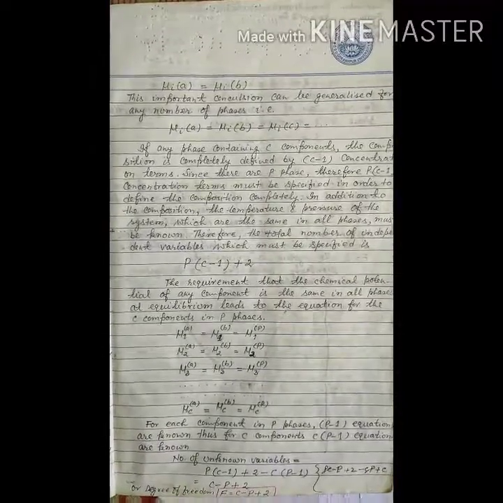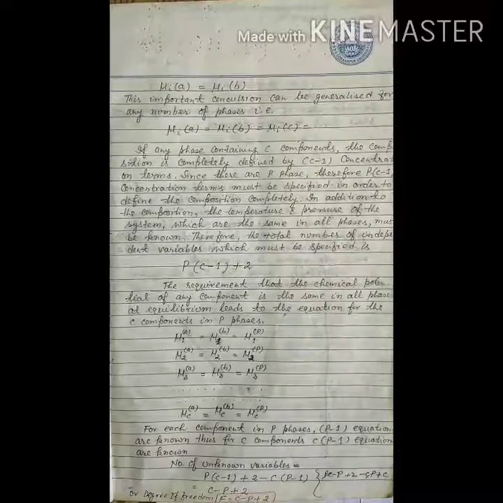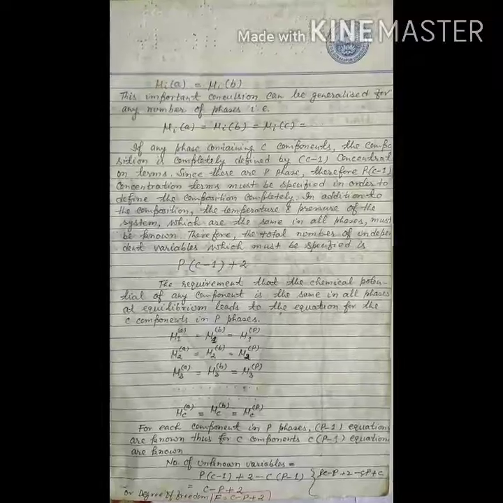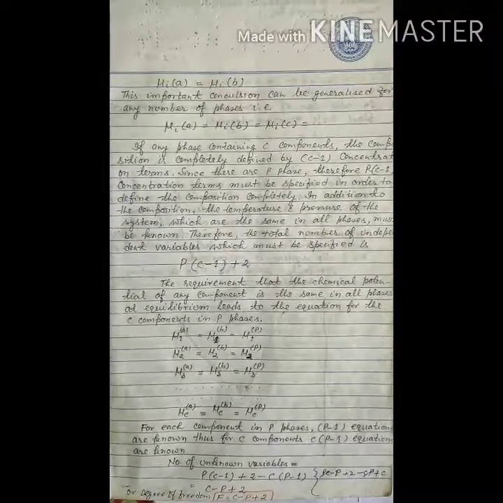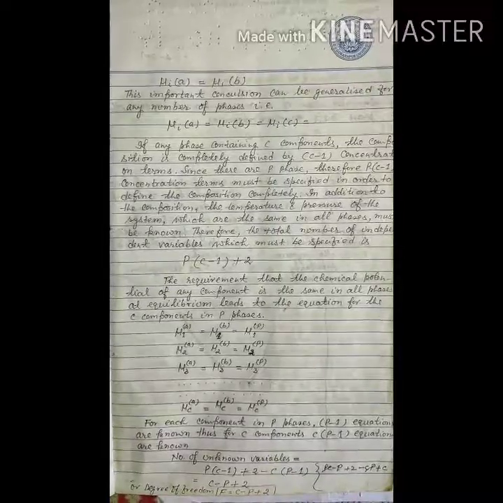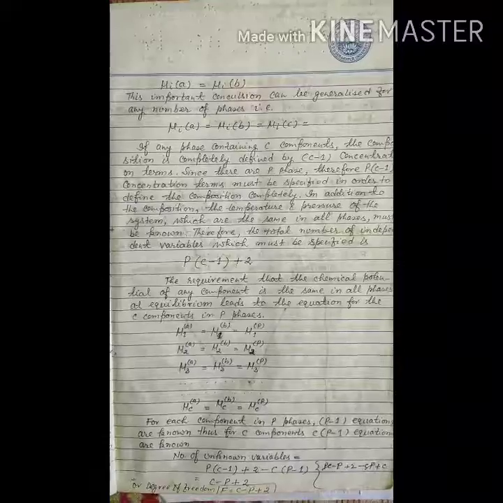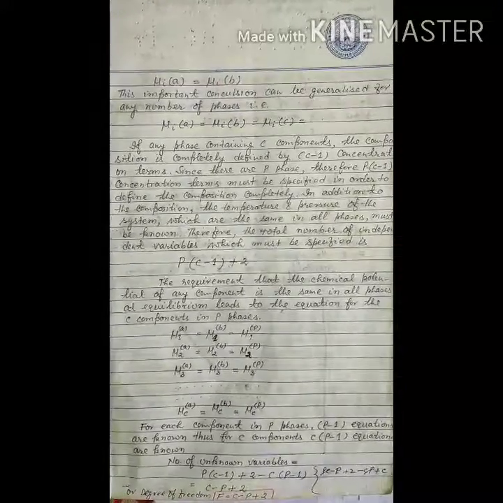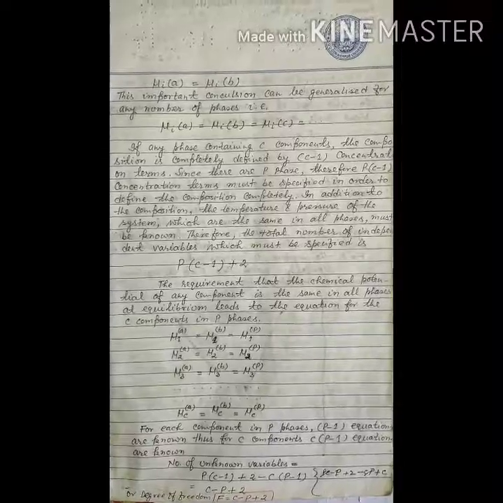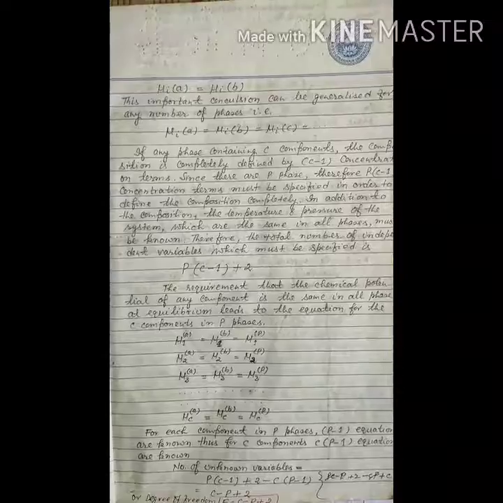In addition to the composition, the temperature and pressure of the system, which are the same in all phases, must be known. Therefore, the total number of independent variables which must be specified is P(C minus 1) plus 2.